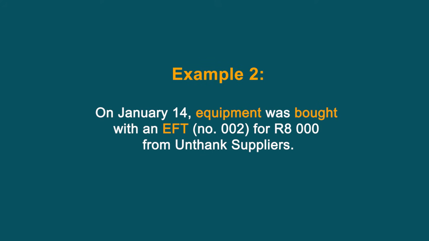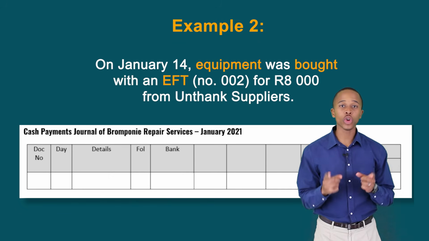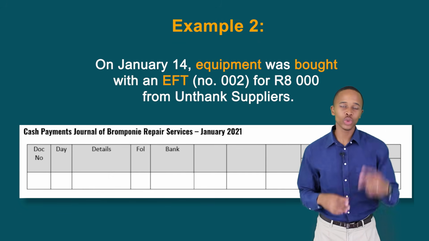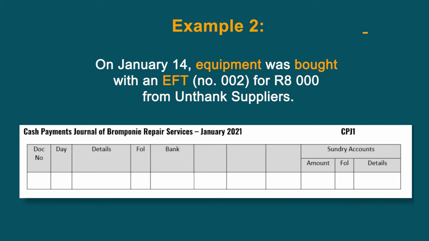Equipment bought with an EFT number 002 for 8,000 Rand from Unthanked Suppliers. Let's see if you can do this on your own. 3, 2, 1, let's go.